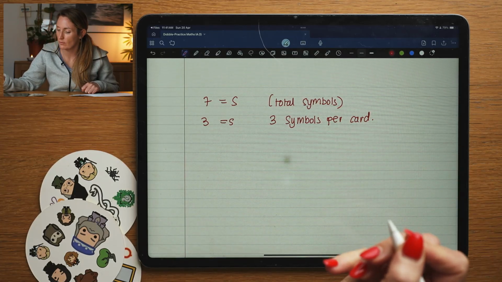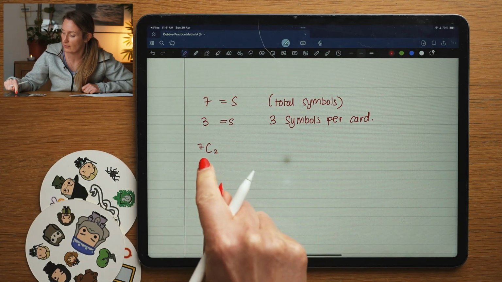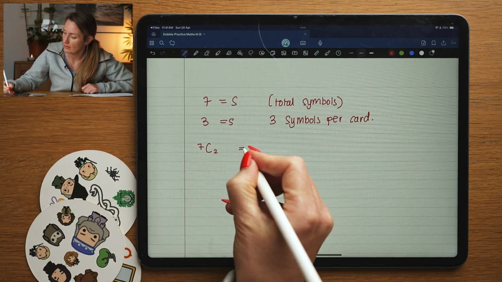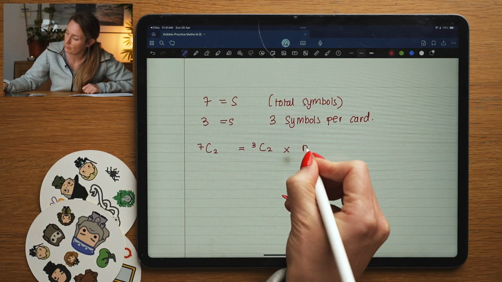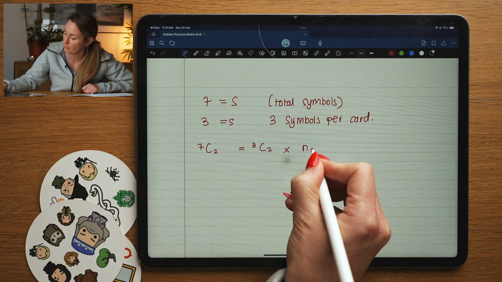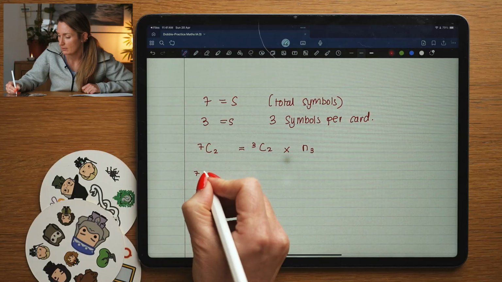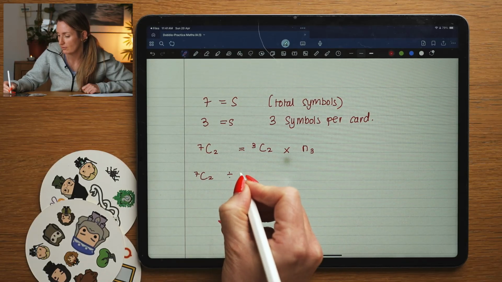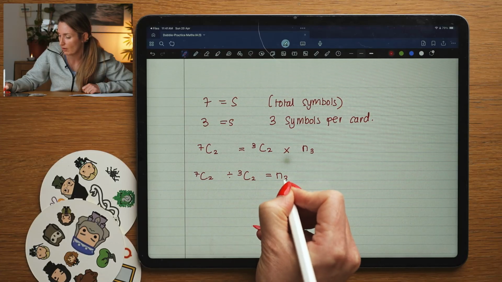So we would need to do 7 choose 2 to find out the total number of pairs, which is equal to 3 choose 2 times the number of cards if I'm putting 3 symbols per card. So that way I would need to do 7 choose 2 divided by 3 choose 2, which would be equal to the number of cards required.